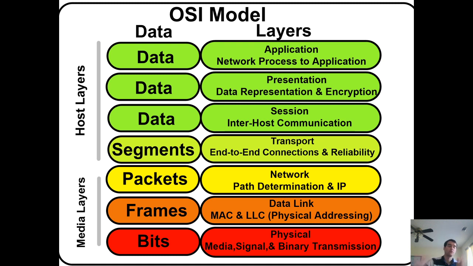How is it moving from one spot to another? That's where we talk about things like the signal, the actual binary information within the packet, because at the end of the day, each packet has binary associated with it. That's what's actually being transmitted.